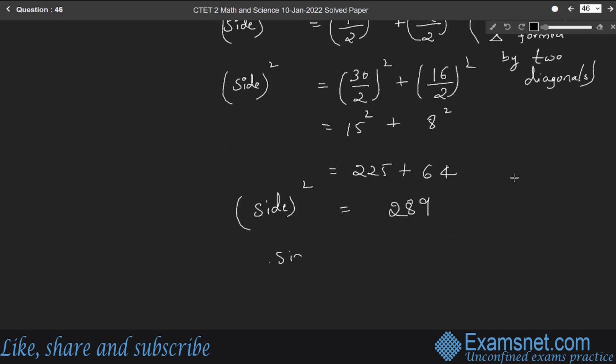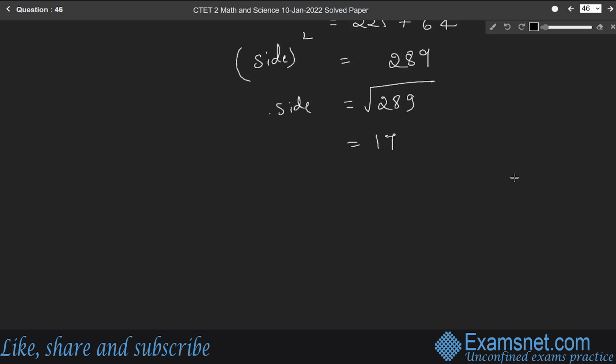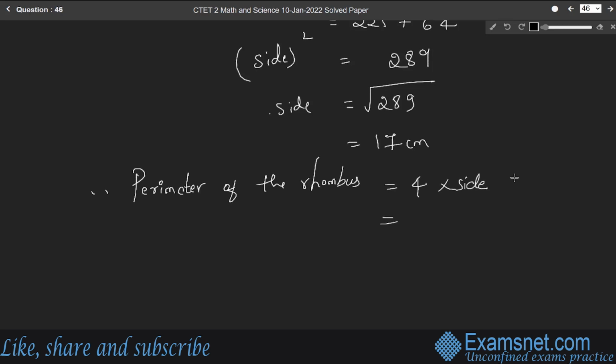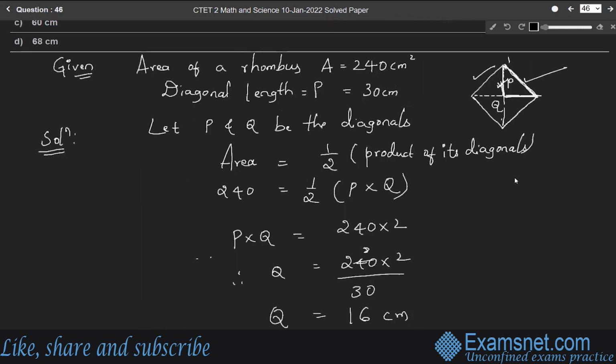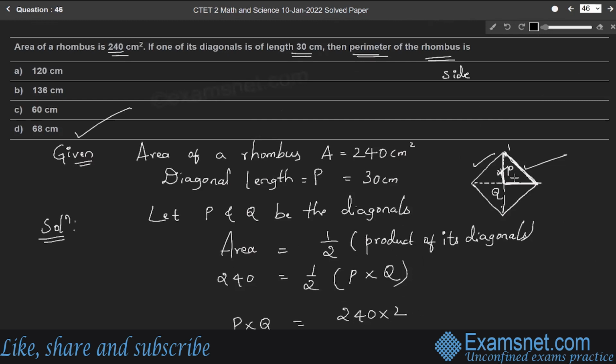Therefore, side is square root of 289, which is 17. Therefore, perimeter of the rhombus is equal to 4 times its side. Since all sides are equal in rhombus, so 4 into 17, 68 centimeter. Therefore, the correct answer is option D.